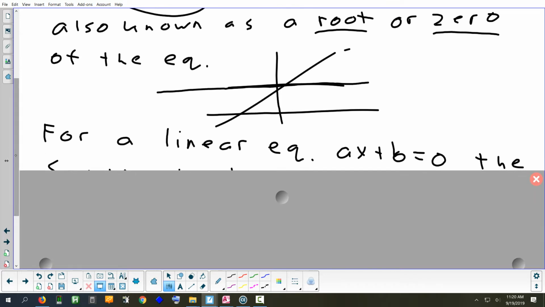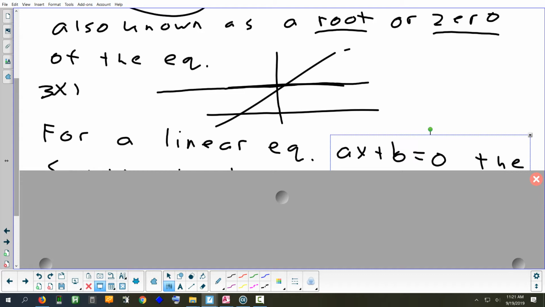So, we've got an equation like this: y equals mx plus b, or ax plus b. The letters don't really matter. How would you get x by itself here? What would be your 2 steps? Subtract b and then divide by a.